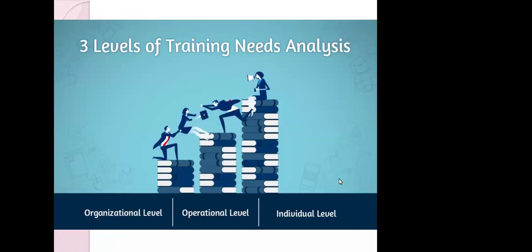Ma'am, the 3 levels are dependent, as the picture shows, on the 3 categories. One is at the organizational level, one is at the level of the operation. There the requirements will be different because they will be having a target. Suppose if it's a sales team, they will be having a target which they need to fulfill. If it's the customer care department, they will be having to work on their CSR scores, like the customer satisfaction metrics.